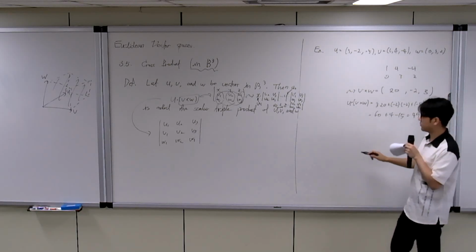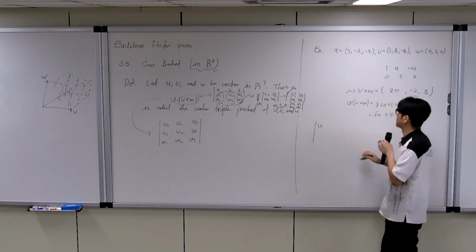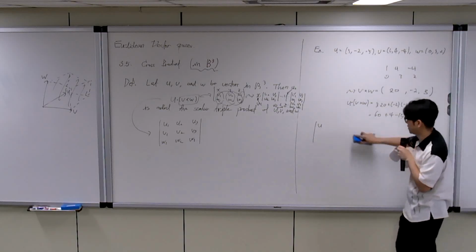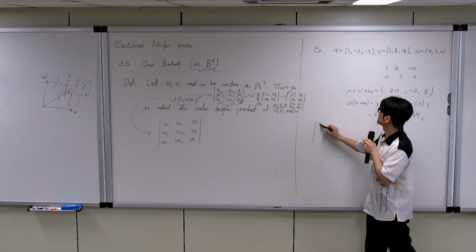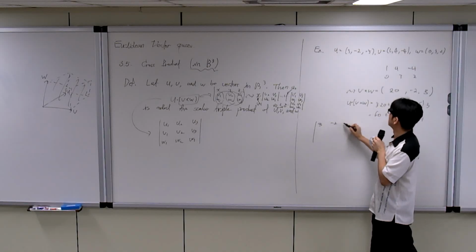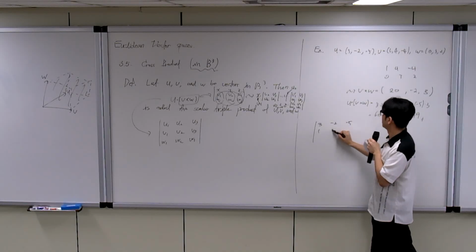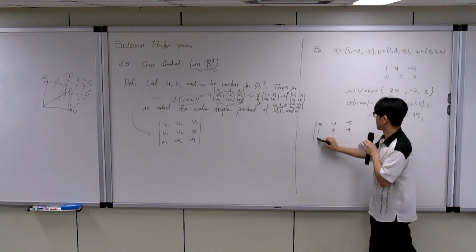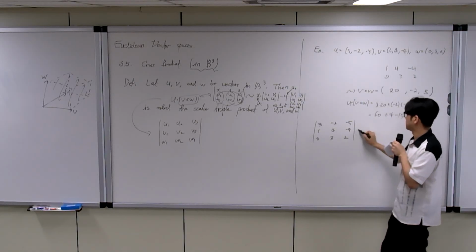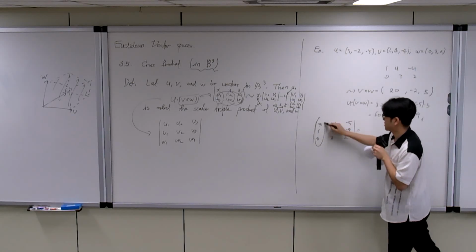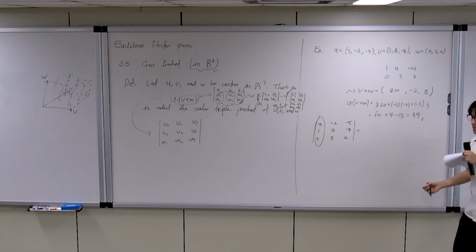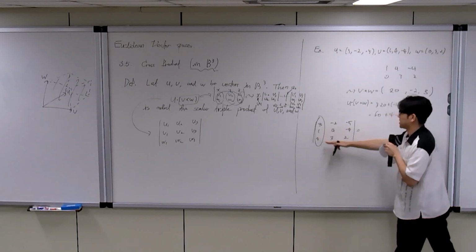And by calculating the determinant u1, u2, u3, v1, v2, v3, w1, w2, w3, then the determinant will be with the row 0, 3, 2. I will choose this row for our convenience because it has 0 and 1.